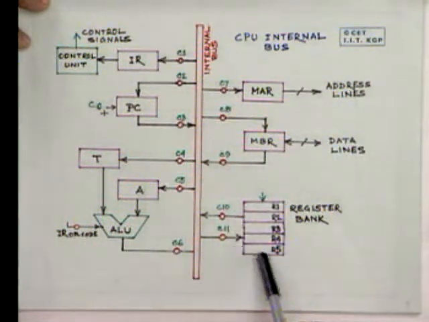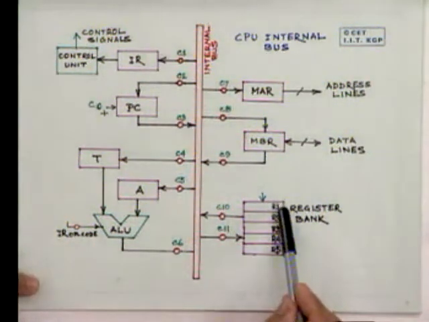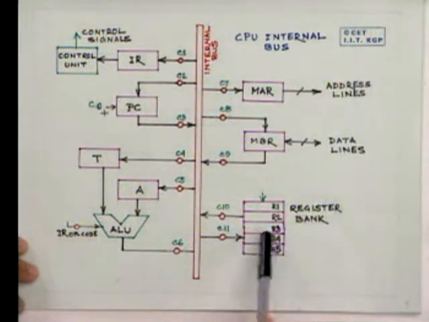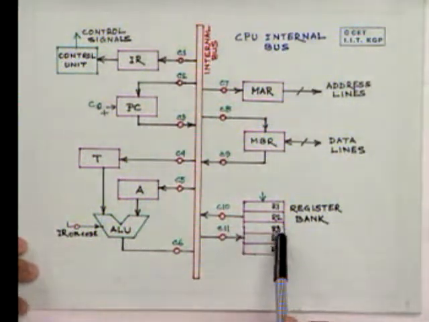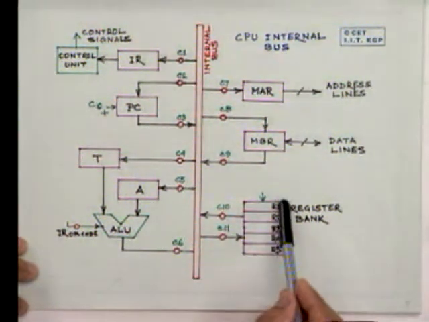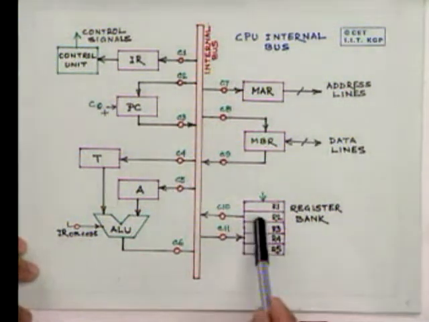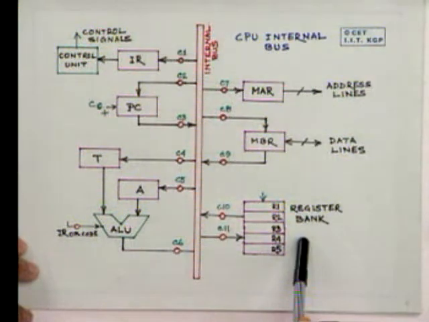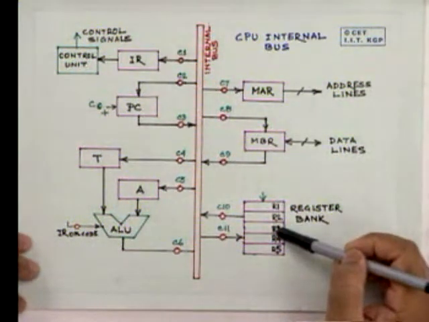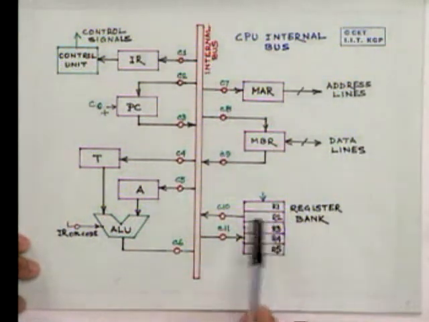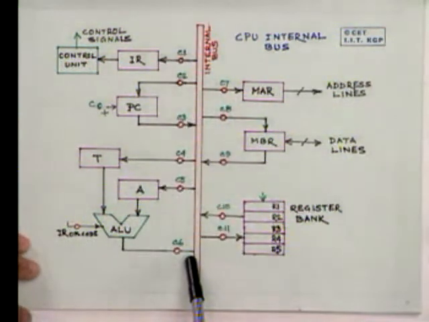Now, this register bank, which is inside the CPU, is there so that fast access to the registers can be done. And therefore, these internal general purpose registers or data registers have their own multiplexer, and information from any register to any other register can be transferred without involving the internal data bus altogether.